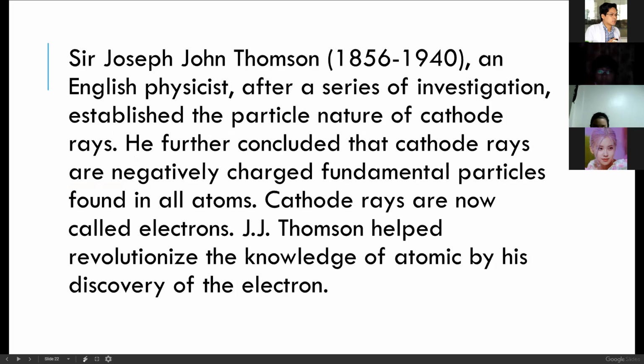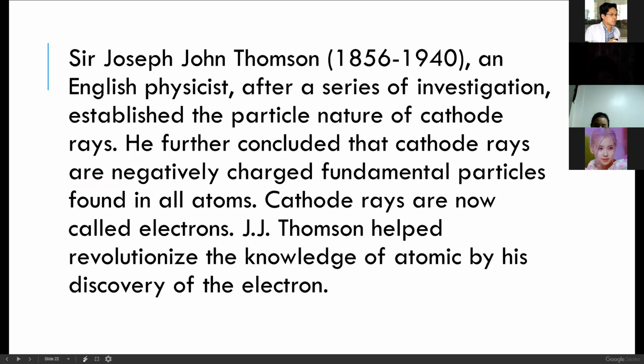Sir J. J. Thomson, or Joseph John Thomson, 1856 to 1940, an English physicist, after a series of investigations, established the particle nature of cathode rays. He studied how these cathode rays work, and how these particles react to certain materials.